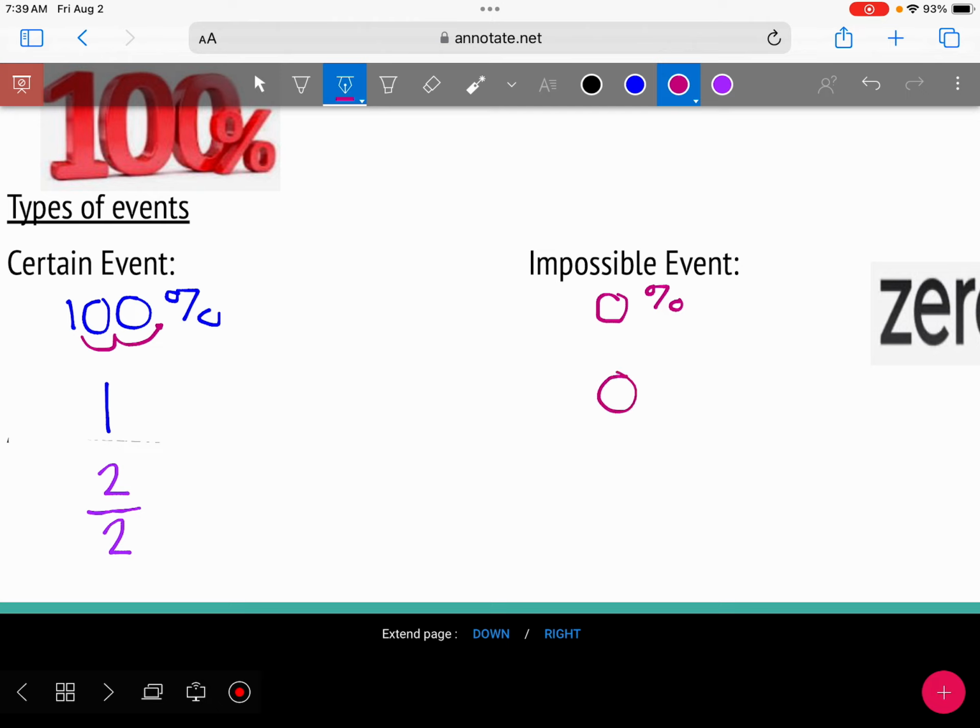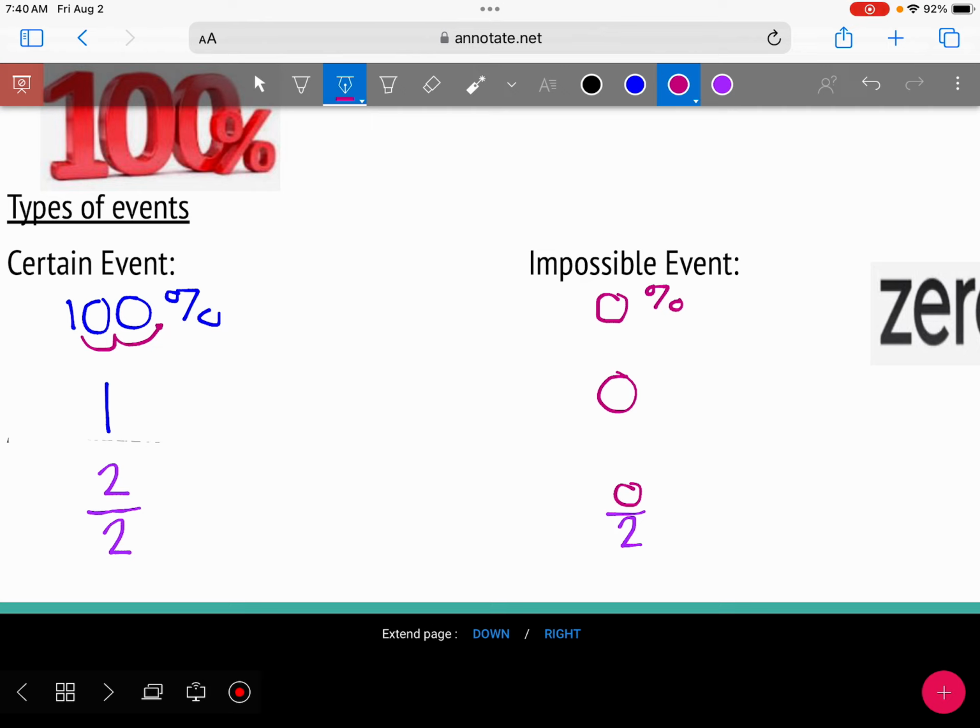And if we think about the coin thing again, what would my numerator be if this was a fraction? 0. So the chance that I flip a coin and it lands on the side. Yeah, that doesn't happen with real coins. Those are trick coins when it does that. You can balance them really carefully sometimes, but never on a flip.